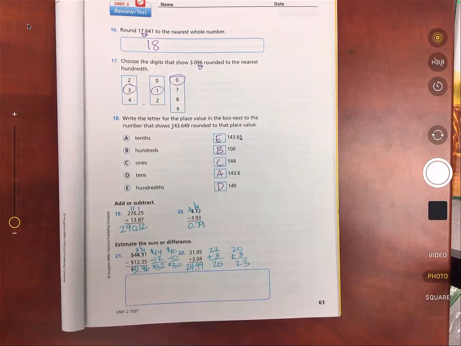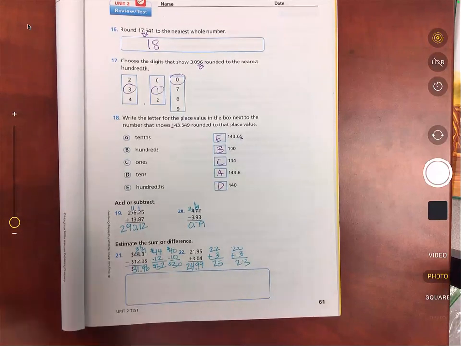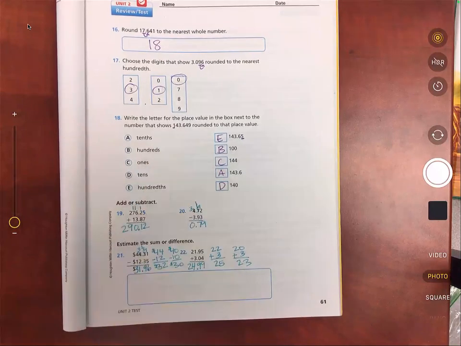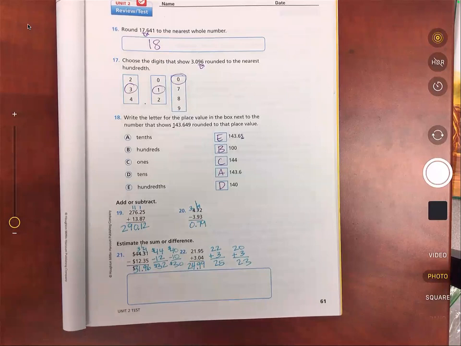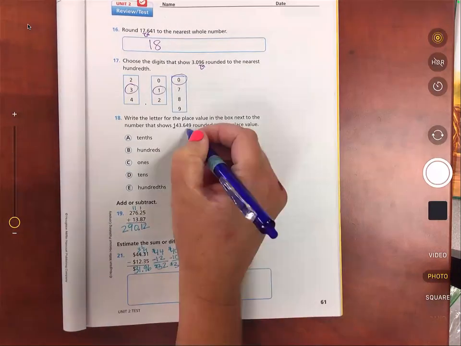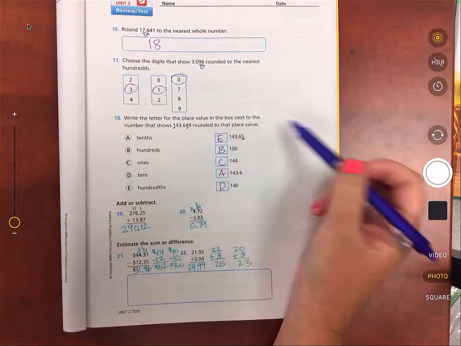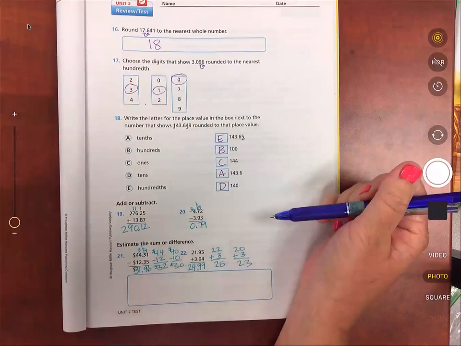Number 18 can be kind of a tough one, saying which spot the number was rounded to, and here's our original number. The way I like to look at it is, my first one, 143 and 65 hundredths. If I underline that hundredths place, I know that it's being rounded to the hundredths because anything after it is going to be erased.